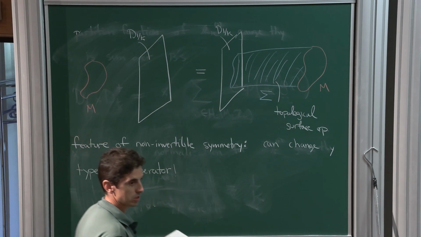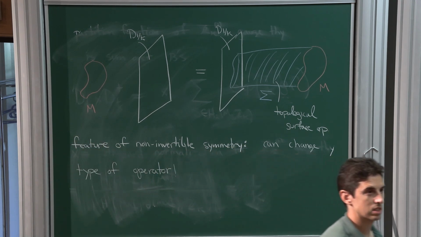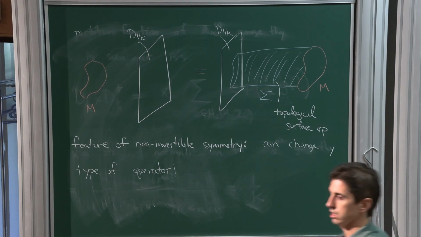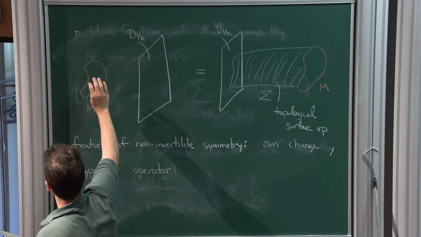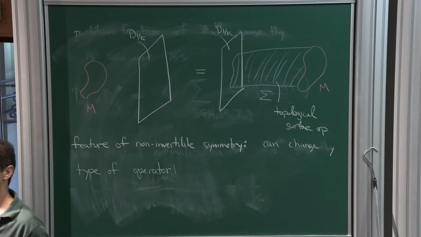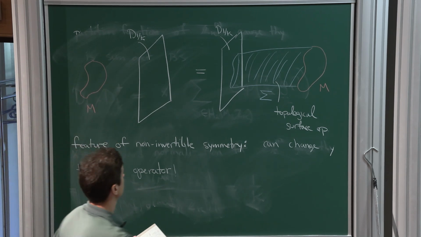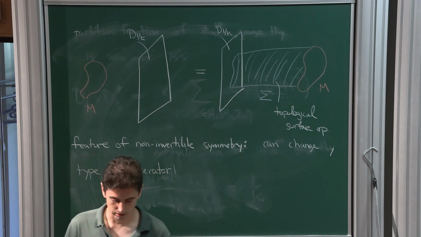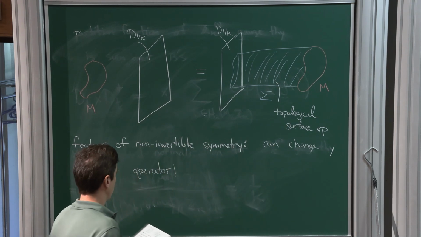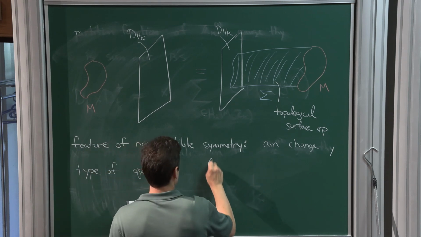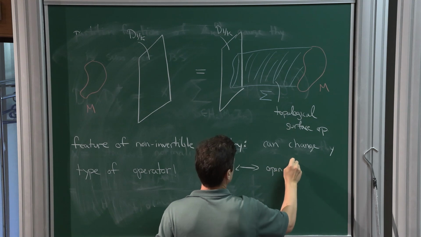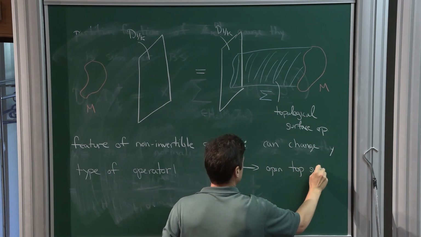Standard invertible symmetries map points to points, lines to lines, surfaces to surfaces, etc. Here we see some kind of funny mixing. The left-hand side started as a genuine line, no surface in sight. The right-hand side, when it gets acted on by the symmetry, has this topological surface. So in our case, we had this line being exchanged with an open topological surface.